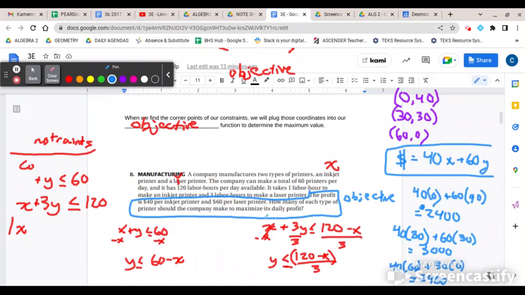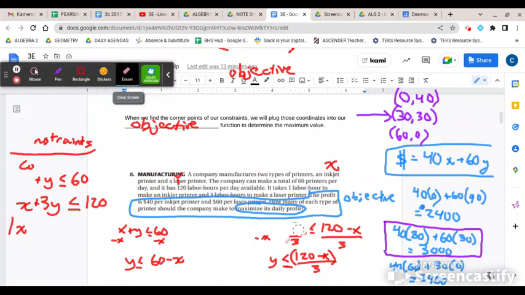So again, we're trying to maximize our profit. So our point of maximum profit is going to be here, 30, 30. What does that mean? Well, we said our x value was inkjet printers, our y value was laser printers.